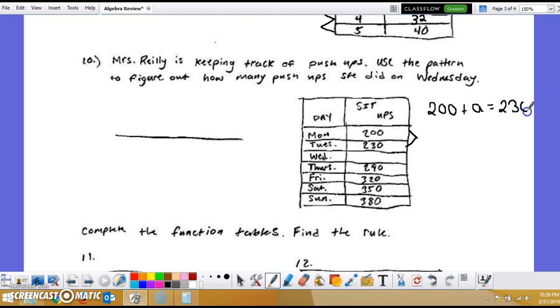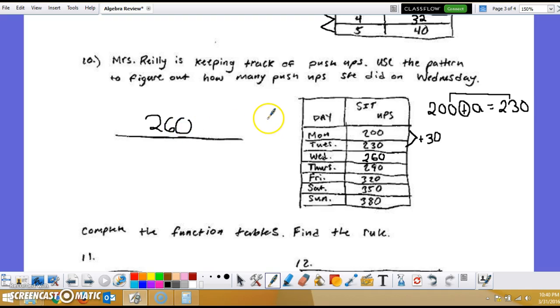Again, in algebra, I need to take what I know, the 200 and the 230, and do the opposite operation, which in this case, the opposite of addition would be subtraction, to solve for my answer, which tells me, when I subtract, that my rule is plus 30. So when I do 230 plus 30 more, I'm going to get 260 sit-ups, or in this case, push-ups, on Wednesday.